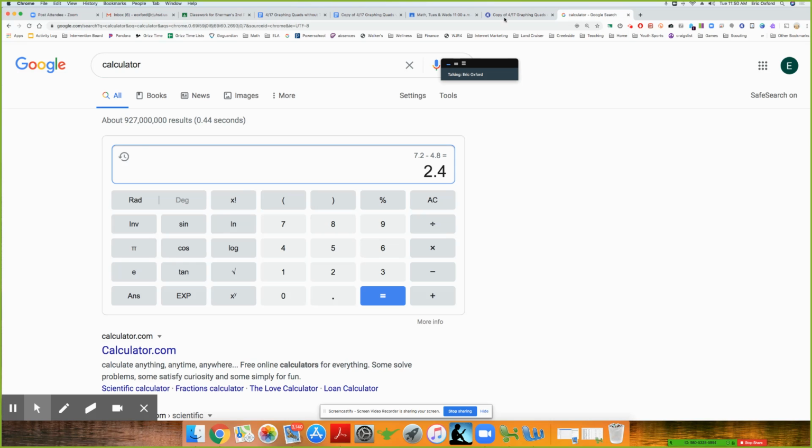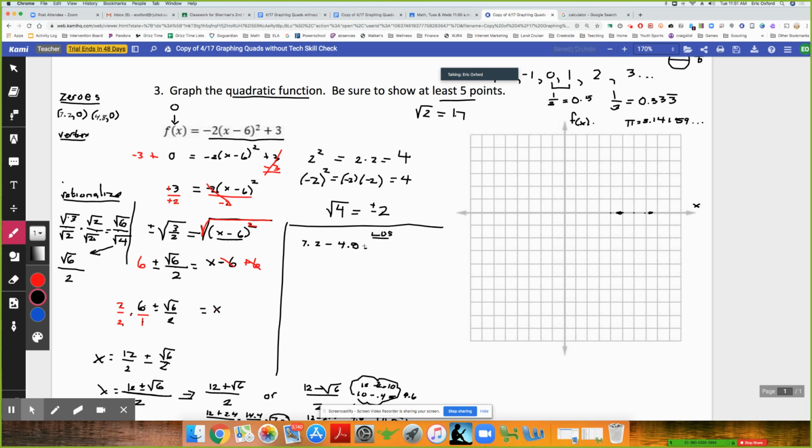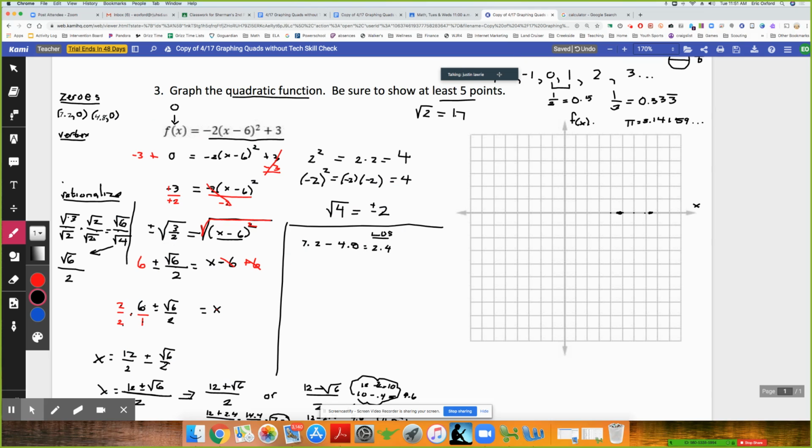Okay, so then 2.4, sorry, now I'm jumping around a little bit. So that equals 2.4, and what that means is I'm going to add 2.4 to 4.8, and that'll give us something in between here. So now I'm going to do 4.8 plus 2.4. So that gives me the distance between these two right here.